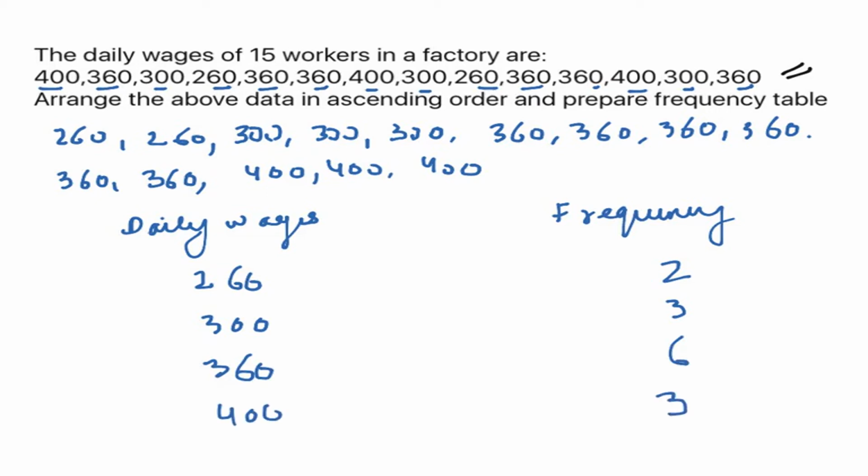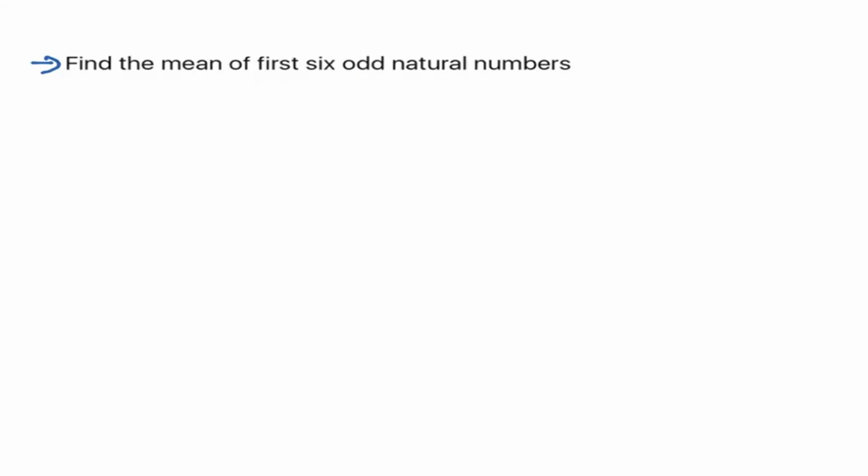So this is the way to calculate the frequency from the given data. We can arrange the data in ascending or descending order, then we can count how many times a particular number occurs, and then we prepare a frequency table. Next question we have is on mean.